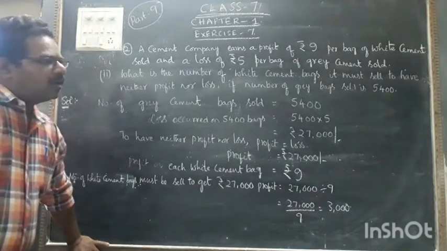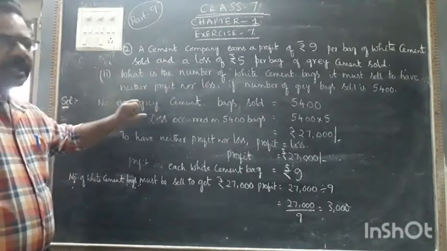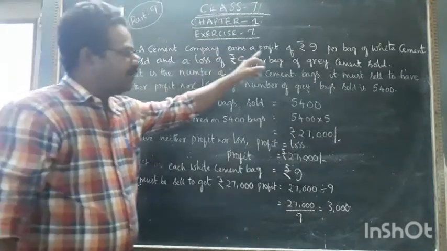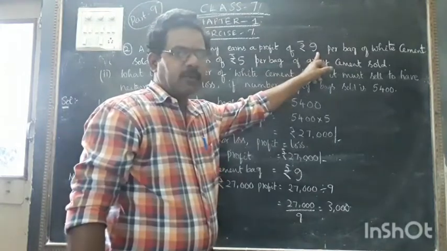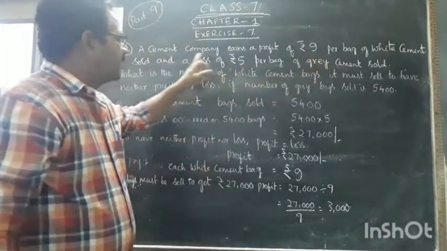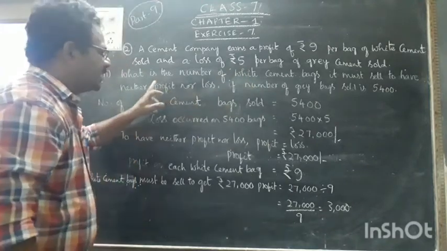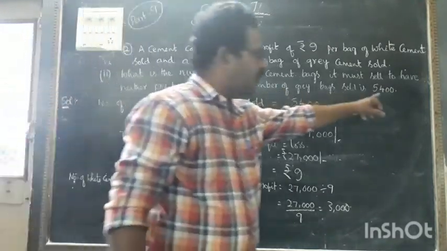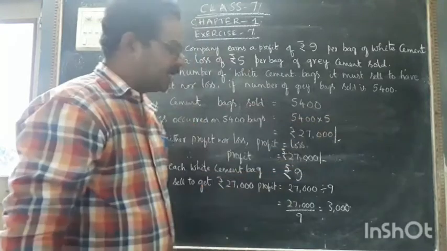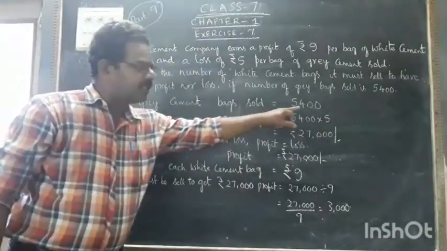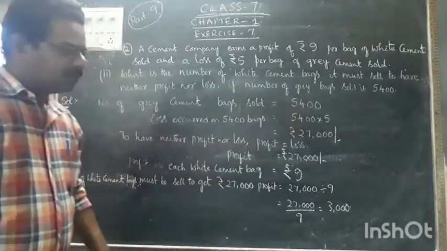Okay. For that, what is the data with us? If the company sells a white cement bag, it will get 9 rupees profit, and on a grey cement bag, it will get 5 rupees loss. Here the company already sold 5,400 bags of grey cement. So, number of grey cement bags sold is equal to 5,400.